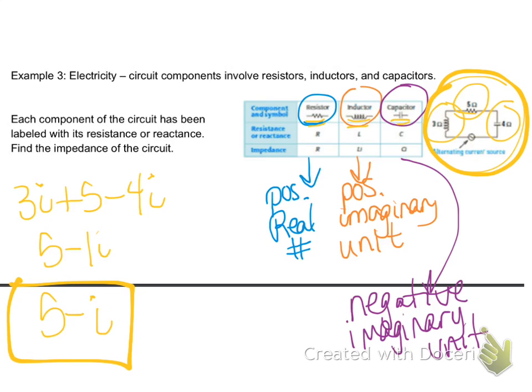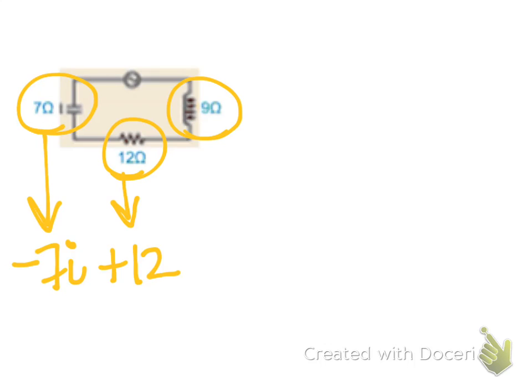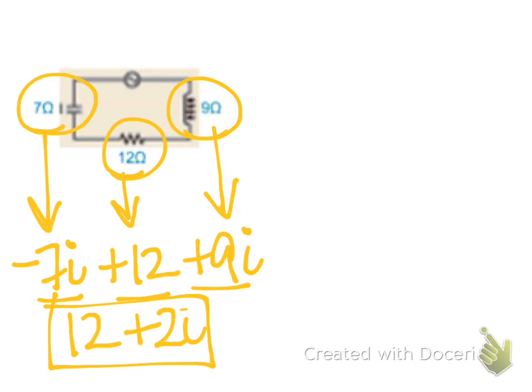Combining my like parts, I get 5 minus 1i, which we can then just write as 5 minus i if you want. Looking at this example, this symbol means a negative imaginary unit, so negative 7i, and then we have plus 12 and plus 9i. Combining, my real part is 12 plus 2i would be my impedance of that circuit.